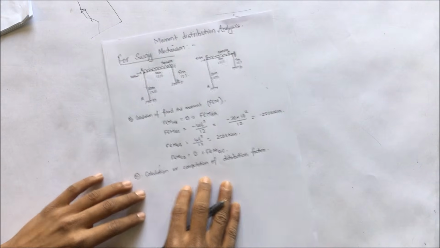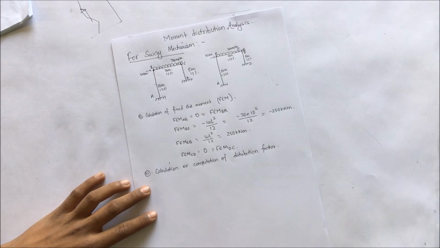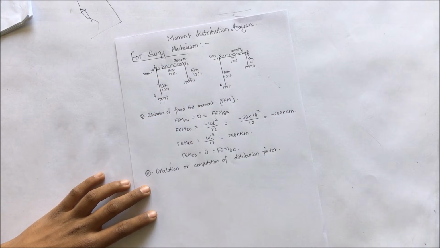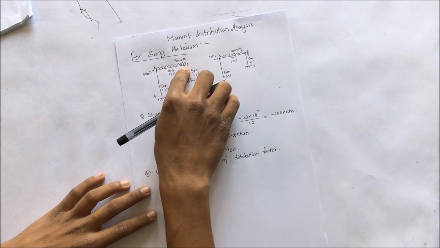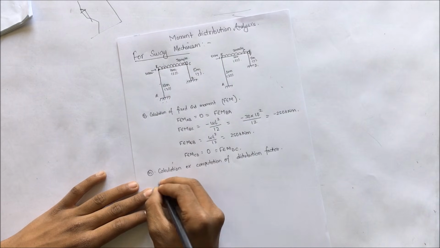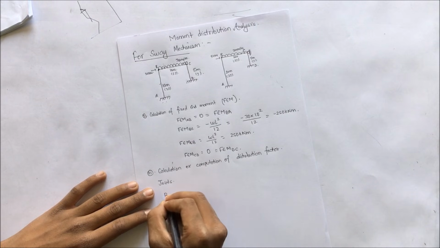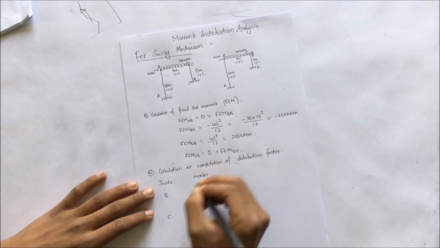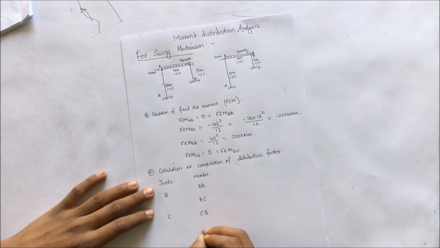So for computation of distribution factor, let me draw a table, and the table will be made for B and C joints, because these are the joints for all members BA, BC, CD. So joints B, C, members BA and BC, then CB, CD.